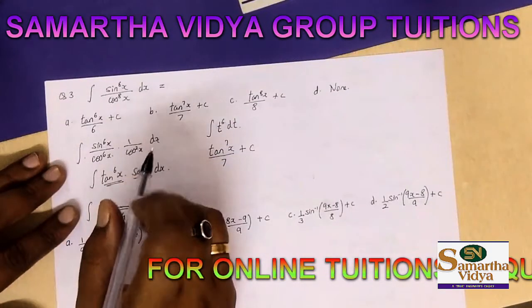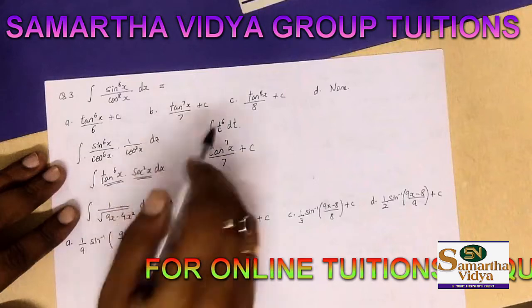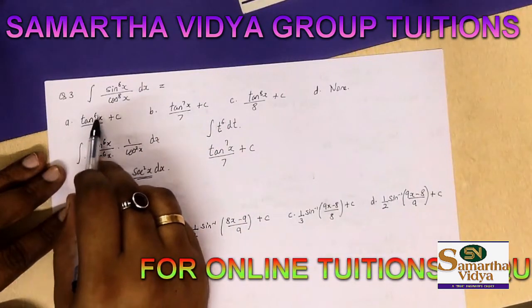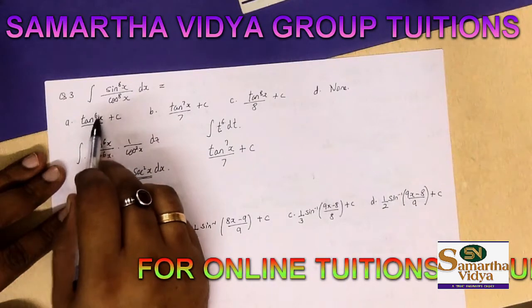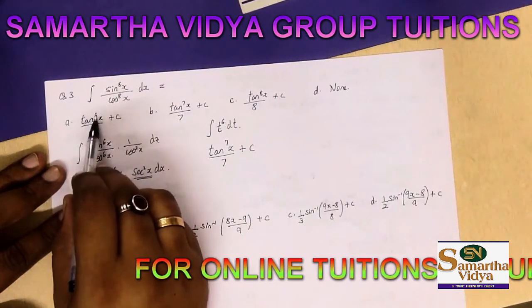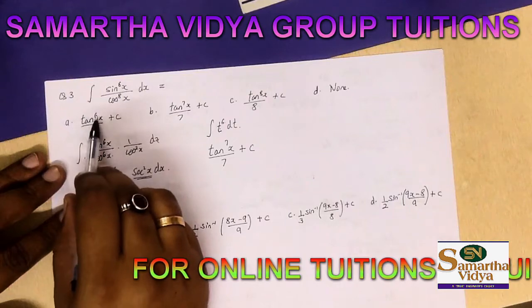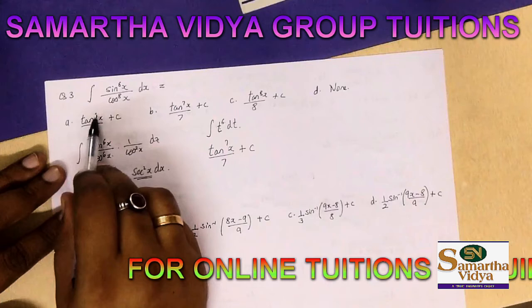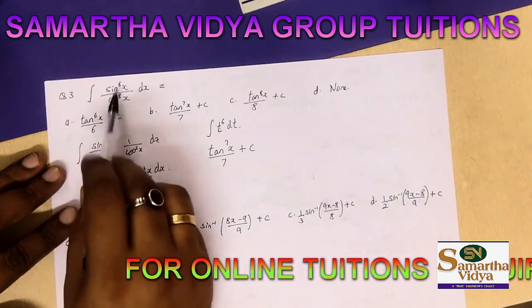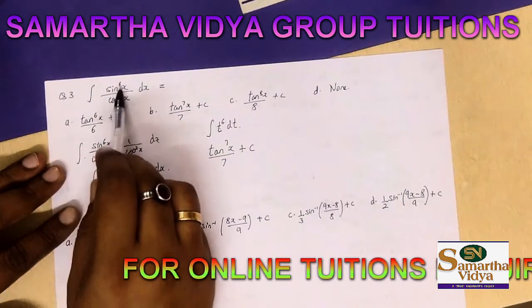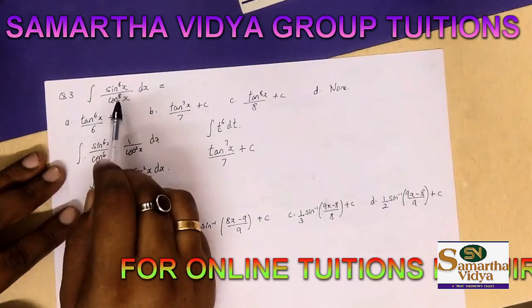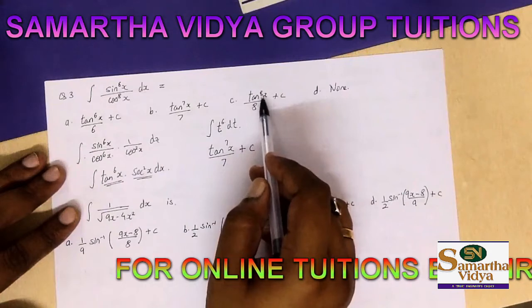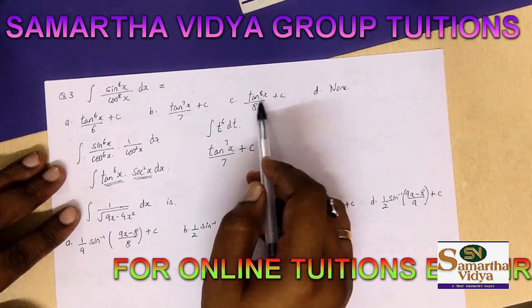So the other method is nothing but finding the derivatives of the options. Now, when you're finding the derivative, first we have to find the derivative of the raised-to part. If I take the derivative of tan raised to 6x, it will become 6 tan raised to 5x. But in the options, we are getting the powers as even numbers. So this is becoming an odd number. Again, if I find the derivative of this, it is also going to be an odd number.